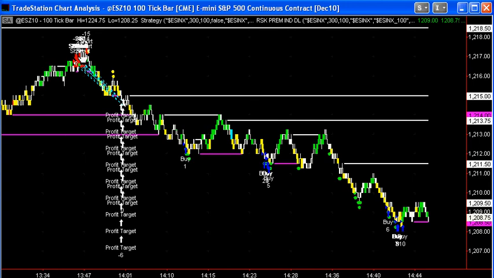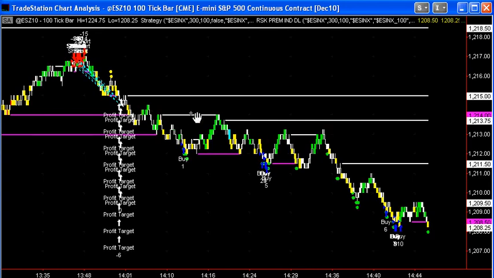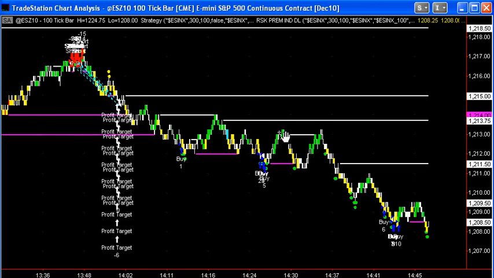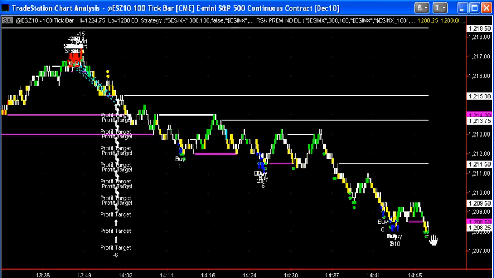It picked up a long trade here, moved up to that profit target, the retracement line. Additional long trades here that moved up nicely, but really didn't go very far. Here again, we're getting long trades here, but the market is still selling off, and so you see how the green dots are showing up.